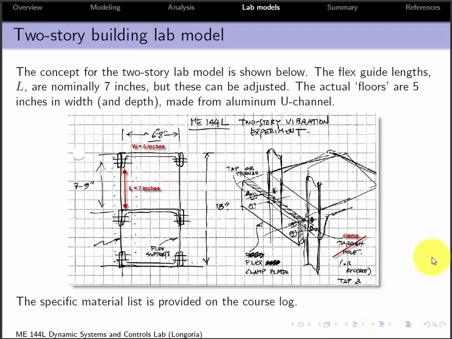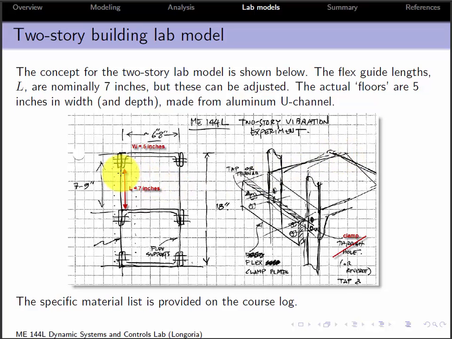On the course log I posted the actual raw materials that we bought off the McMaster-Carr website, so you can look at the actual design and note the actual size that this came out to be is 5 by 5 here, right?